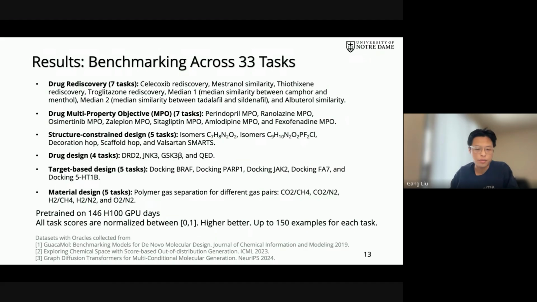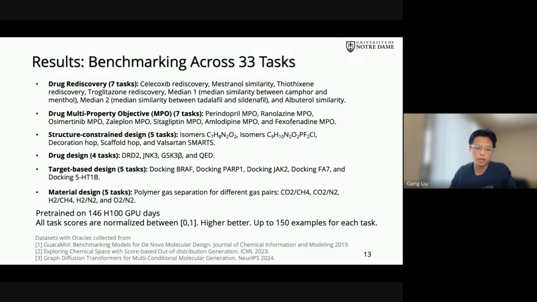These tasks come from very different sources, and I list the relevant papers here for reference. Each of the tasks generally has a computational oracle. They are either a computation function, a machine learning model, or docking software.